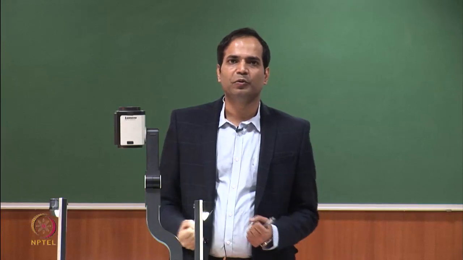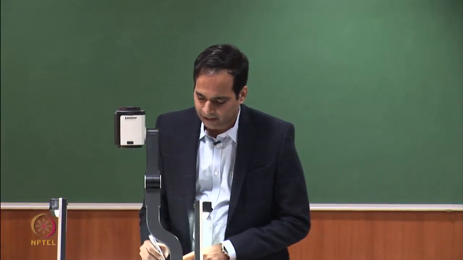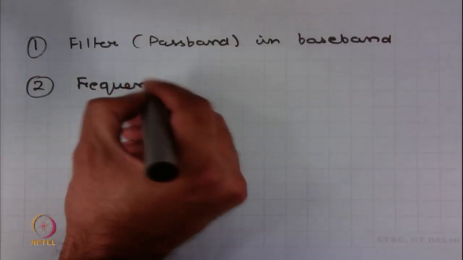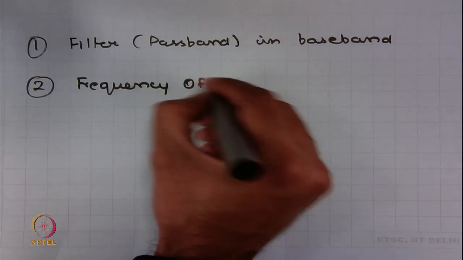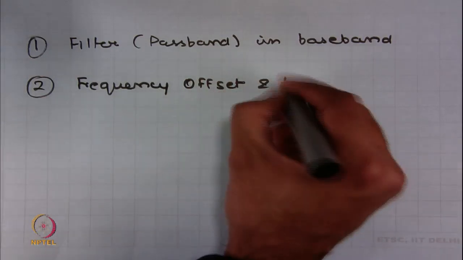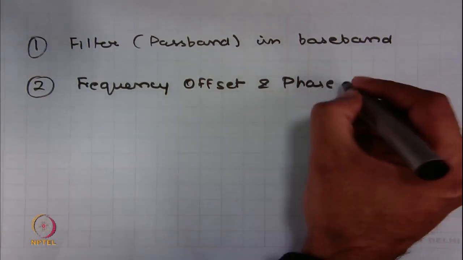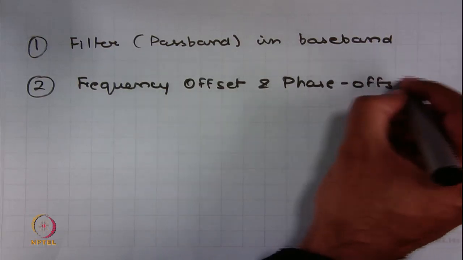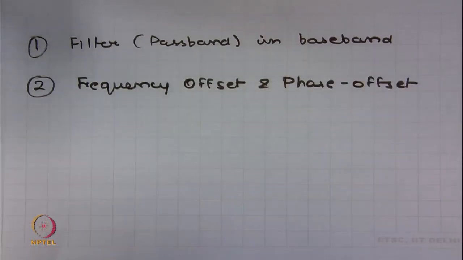The second thing that we would see is that there are certain effects, frequency offsets or phase offsets, which reduce the performance of our digital communication system receiver or a system in general.